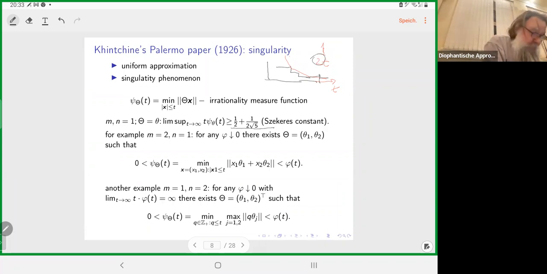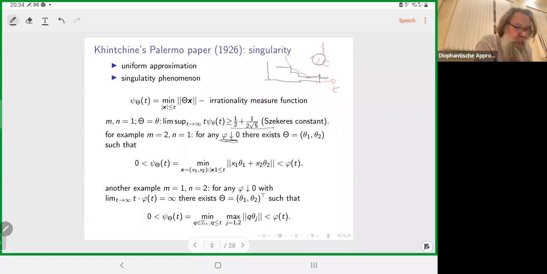But if we deal with the higher dimensional case, simply with a linear form in two variables, then we have the singularity phenomenon, which was discovered by Khintchine, and the singularity phenomenon tells us that for any function decreasing to 0, we can find a degenerate vector.